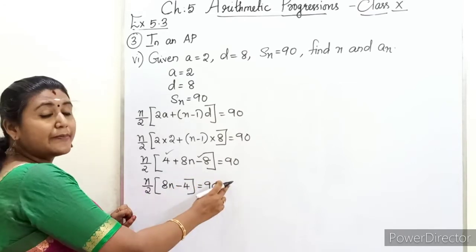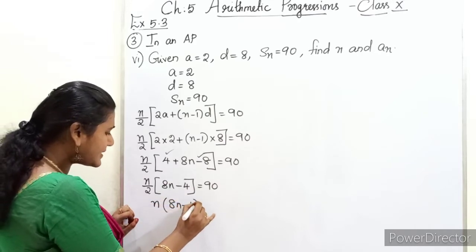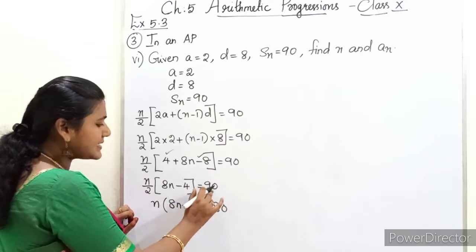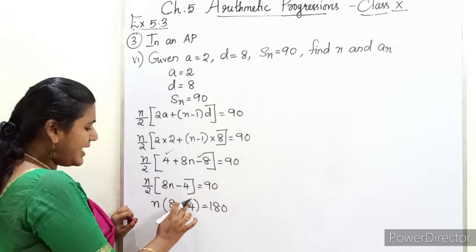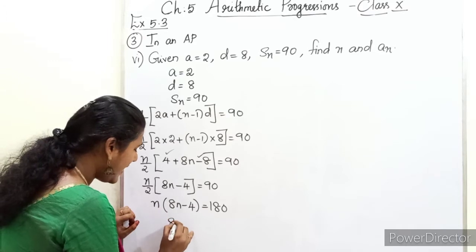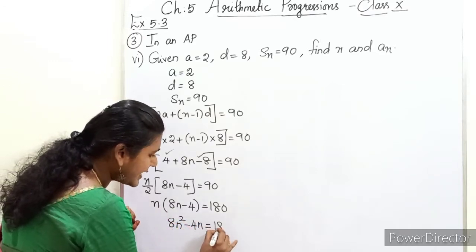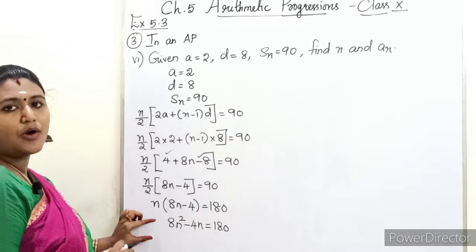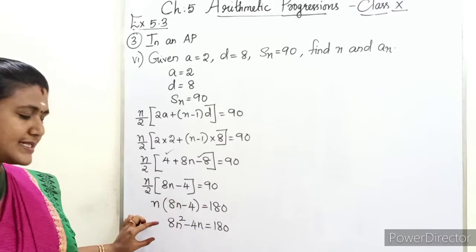This 2 we will bring to the right side. So n into 8n minus 4 is equal to 180, because 90 into 2 is 180. Now we will multiply each term by n. So 8n square minus 4n is equal to 180. So now we got a quadratic equation in n. Now we will make it in the standard form.